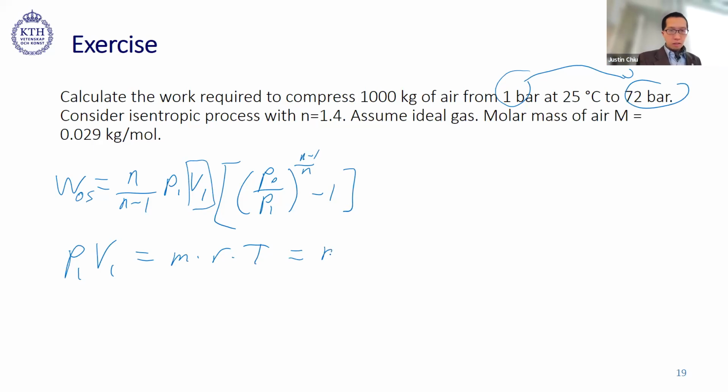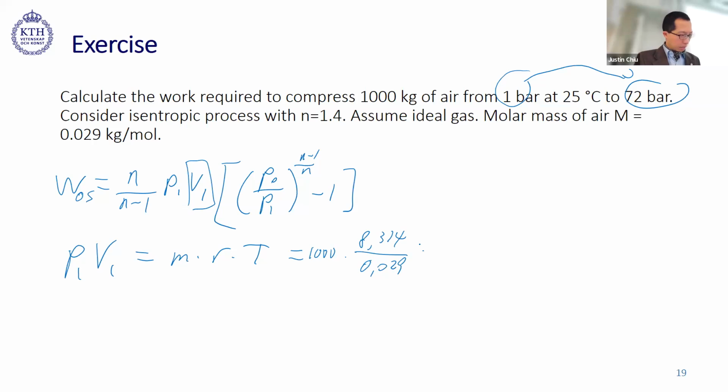And we know the big R is 8.314. And then the M, or the molecular weight, 0.029. The mass, we also have the mass. Actually, I can just write it directly, 1,000. So in engineering, it's kilogram, it's joule, it is Kelvin, right, that we use. And it is second that we use.